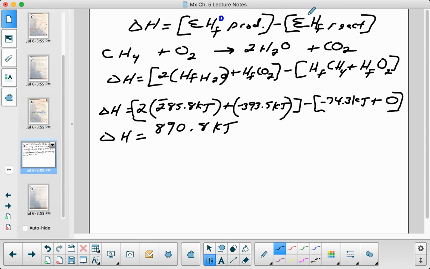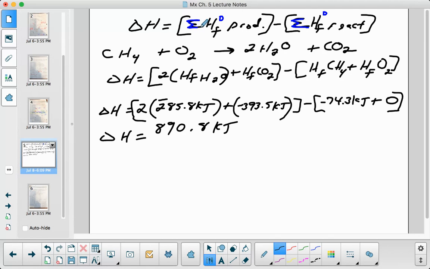That's really the symbol that indicates that it's the standard heat of formation, which means that it comes from the table. So the sum of the standard heats of formation of the products minus the sum of, that's just a Greek symbol, sum of, it looks a little more like that, the standard heats of formation of the reactants.